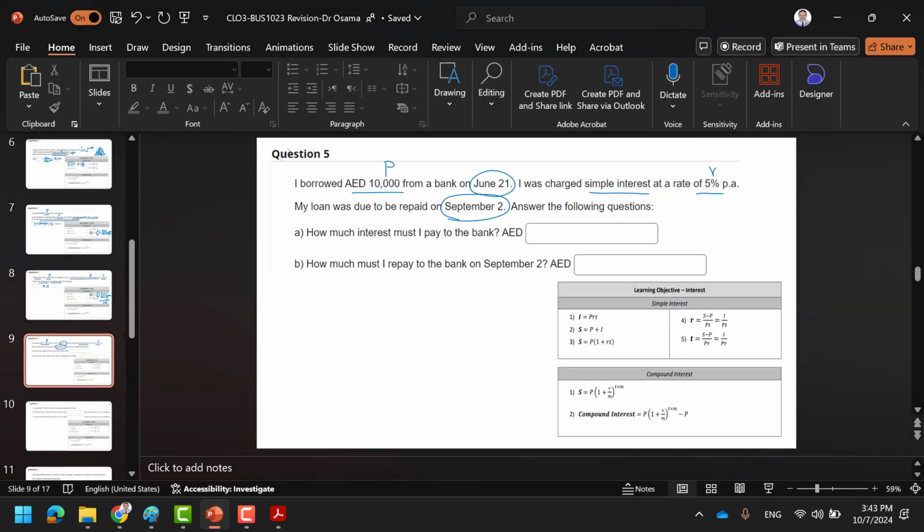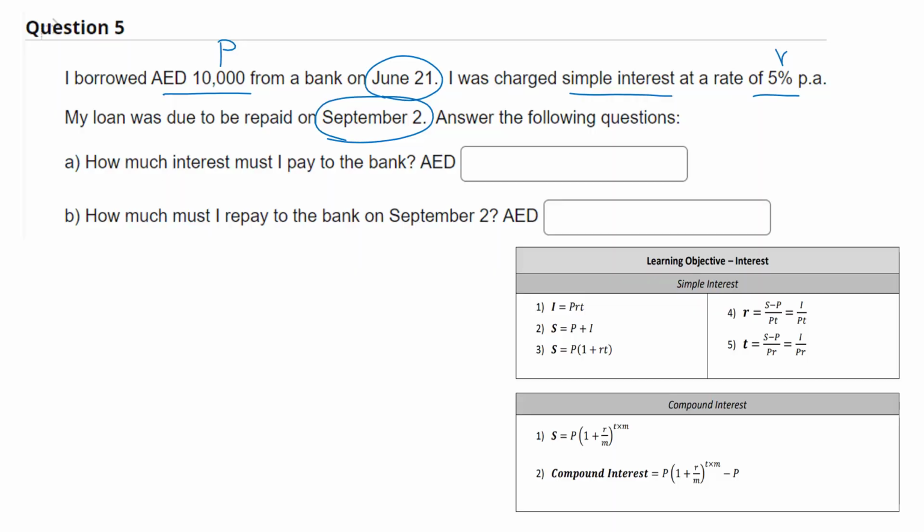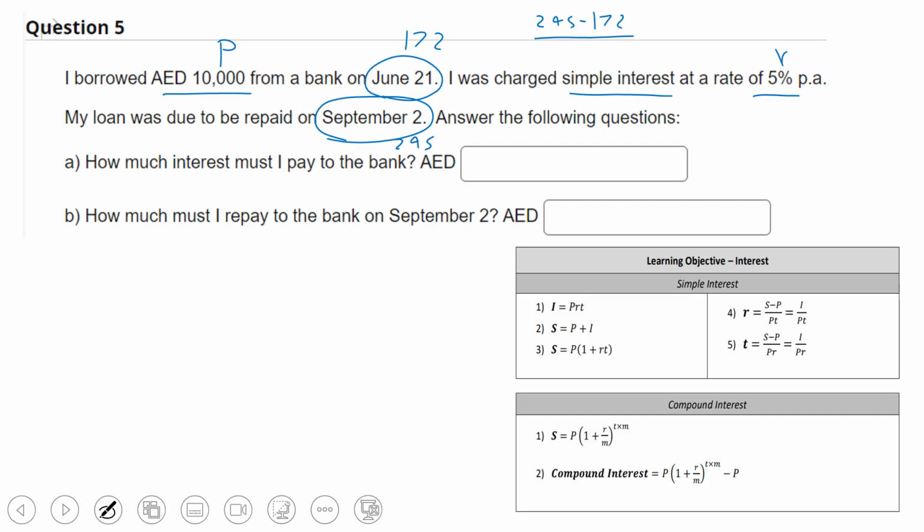Okay. Now I have this 172, and the September 2nd is 245. So how long you invest this one? You get how many days? 245 minus 172. So you have to change this one into years.